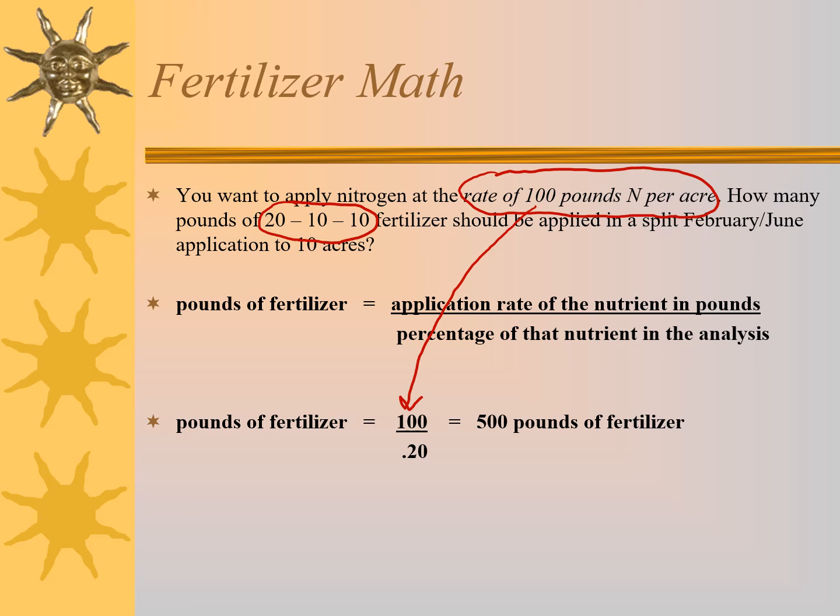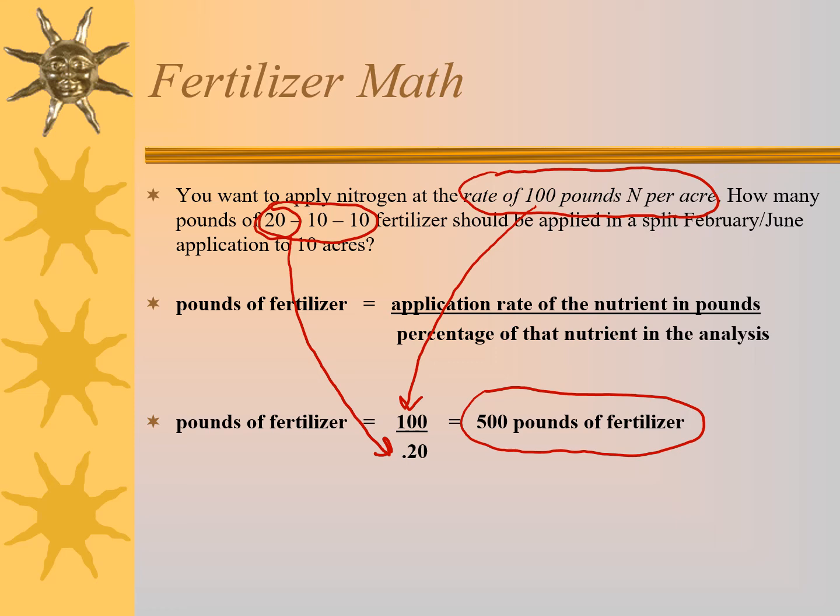So I'm taking the 20% and I'm sliding it down here. Now the only thing I'm doing is converting 20% into decimal form, so it'd be 0.20. So now I have 100 divided by 0.20, and that comes out to be 500 pounds of fertilizer.